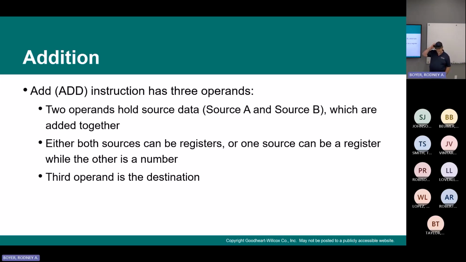The add instruction has 3 operands. 2 of them hold the source data, which are added together. Either both sources can be registers, or one can be a register while the other is a number. And third is the destination where you want the result to go.